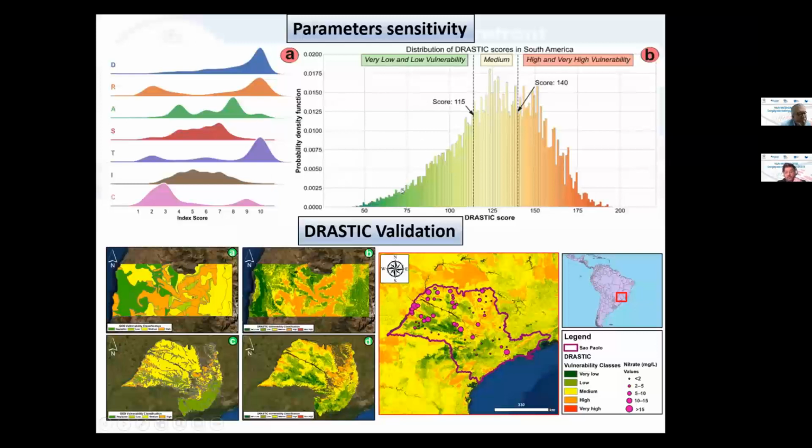After this, to avoid some discrepancy, we also made the validation of the methodology using both a spatial and a chemical validation. The spatial validation was done using 2 case studies previously published in Chile and in Brazil, specifically in the area of São Paulo. As we can see, both previous applications are perfectly comparable with the new assessment.